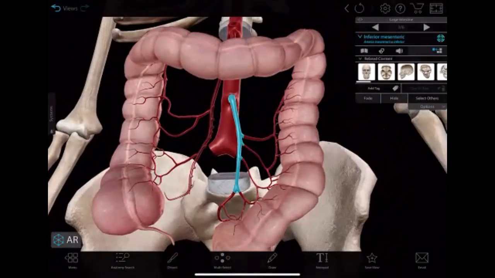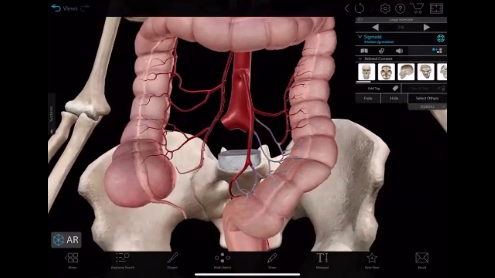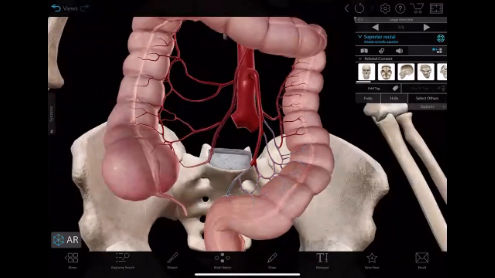Inferior mesenteric artery has left colic artery, because this is right colic artery of superior mesenteric artery, this is the left colic artery of inferior mesenteric artery, and this one is sigmoid arteries, right? Sigmoid artery, and this one is superior rectal artery, right?